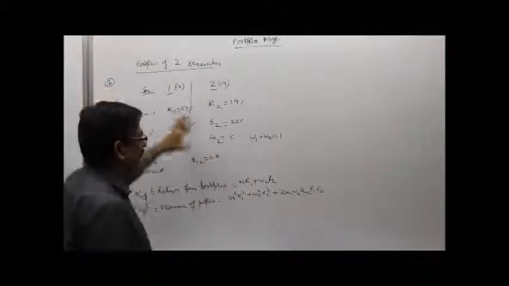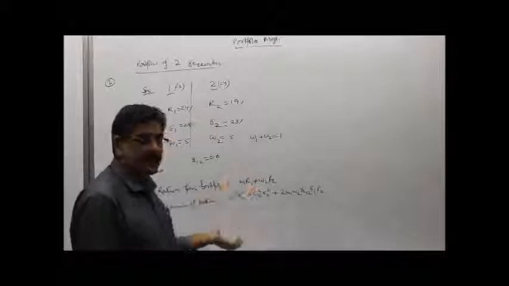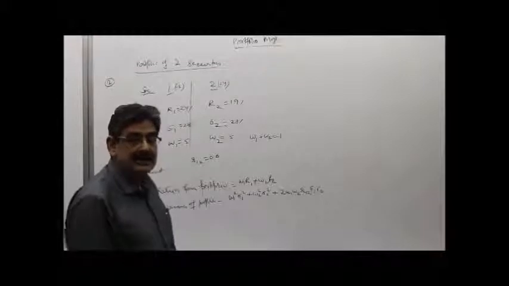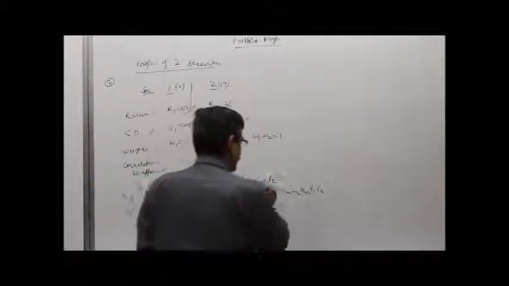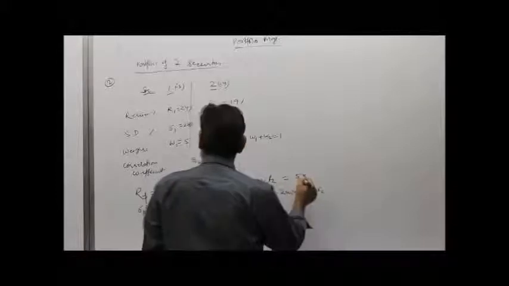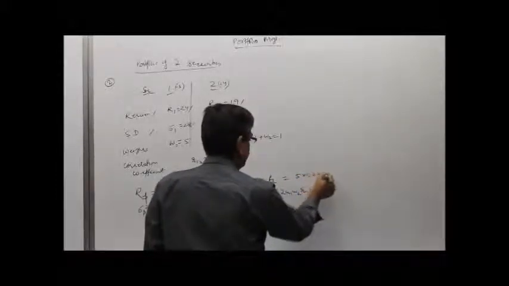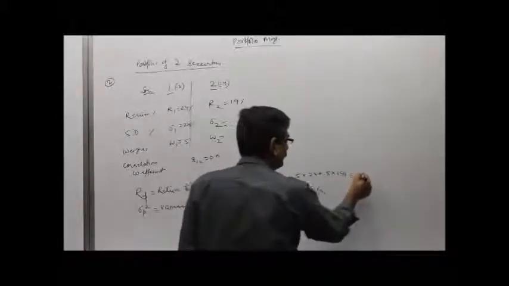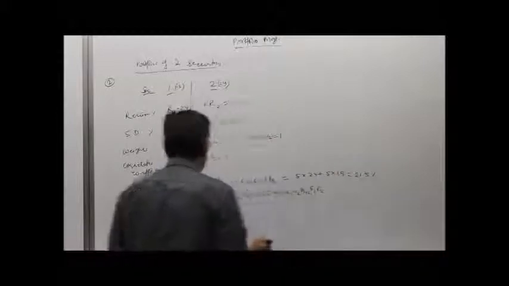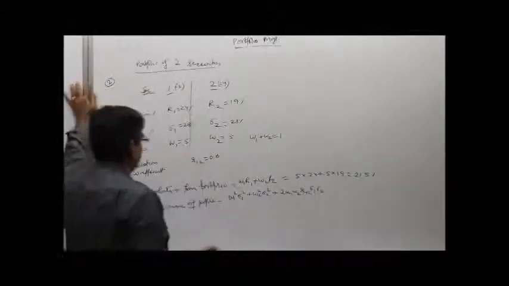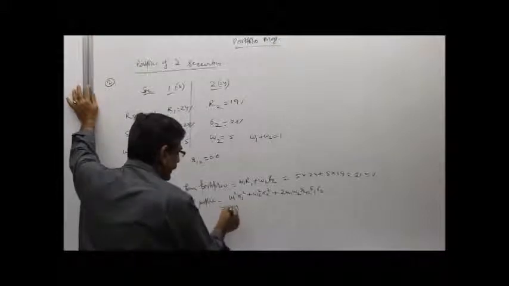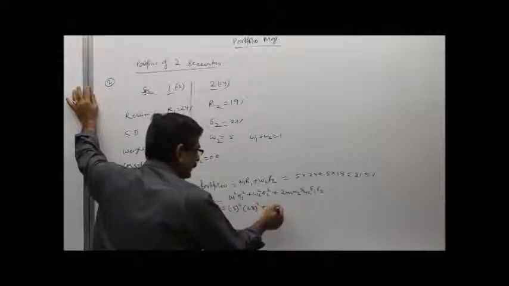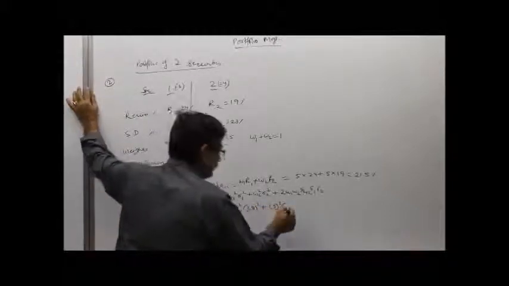This is one question that I am going through in detail. From the next question onwards, the mechanical calculations will be skipped in the class, and that has to be done as part of your homework. So W1R1 plus W2R2 will be 0.5 into 24 plus 0.5 into 19. That gives the answer 21.5 in terms of percentage. Similarly, the variance will be 0.5 square sigma 1 square, which is 28 square, plus 0.5 square sigma 2 square, which is 23 square, plus the correlation term.